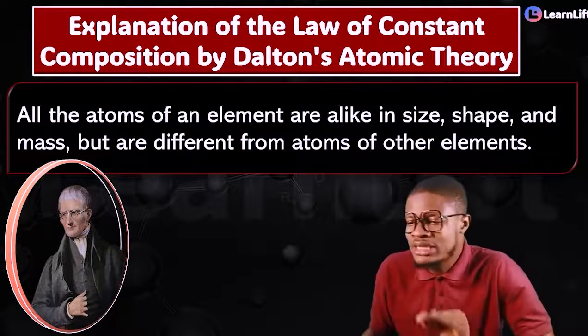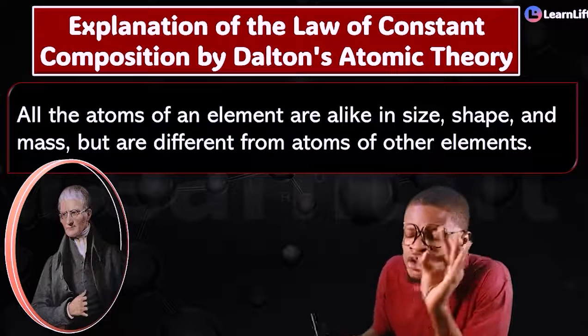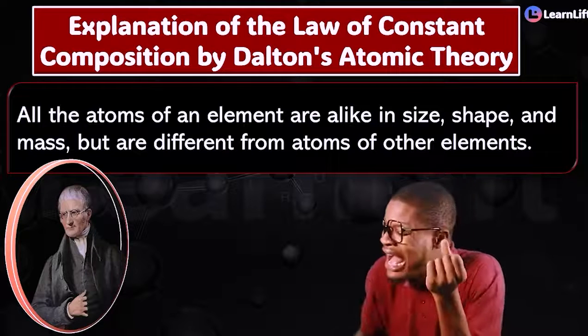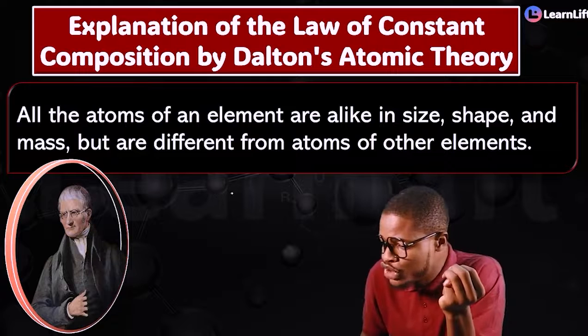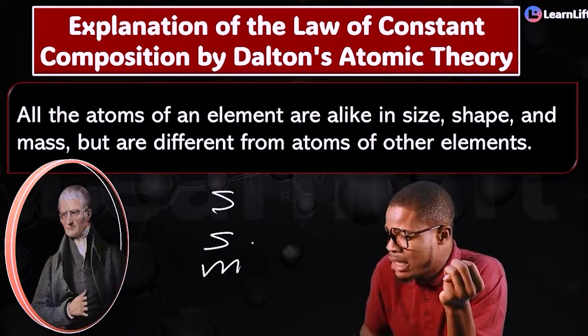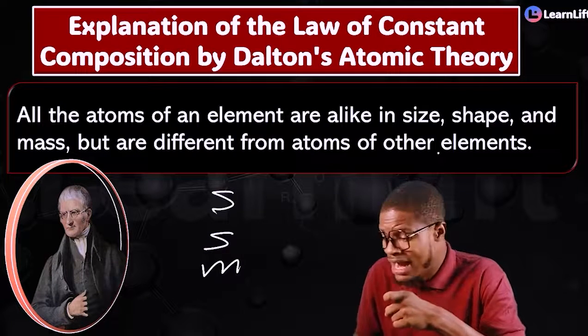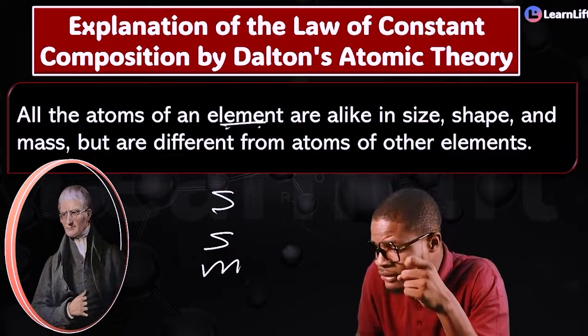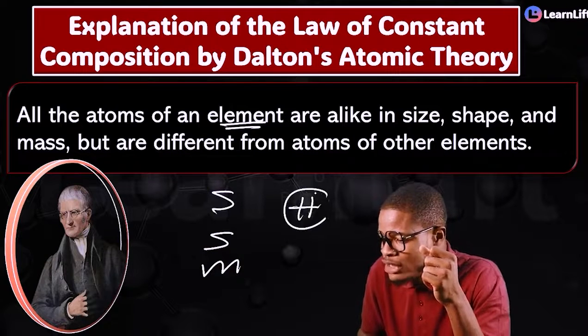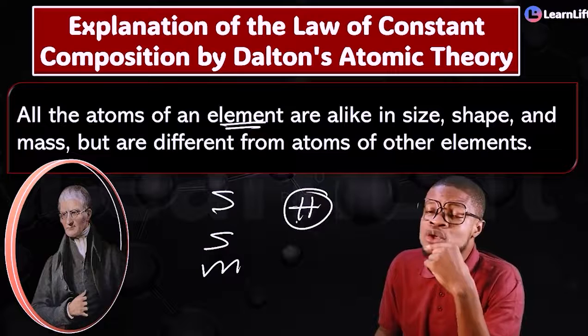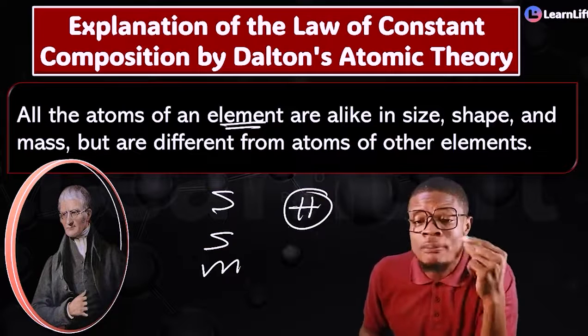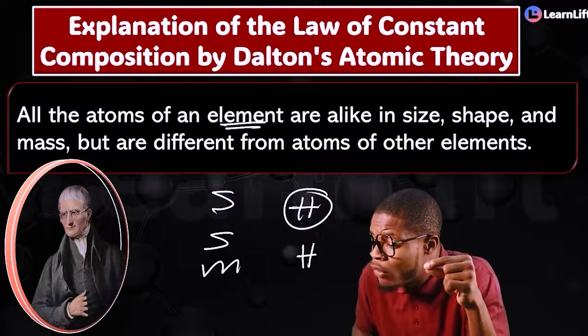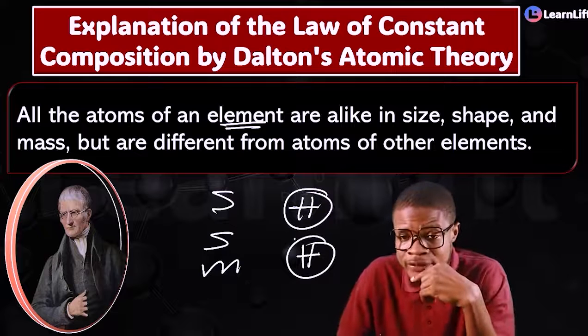First, I'd like you to note this, that all the atoms of an element are alike in three things: your shape, your size, your mass. All the atoms of an element. Let's say, for example, we are taking hydrogen. If you like, take hydrogen from Nigeria, or hydrogen from Ghana, or hydrogen from the UK.